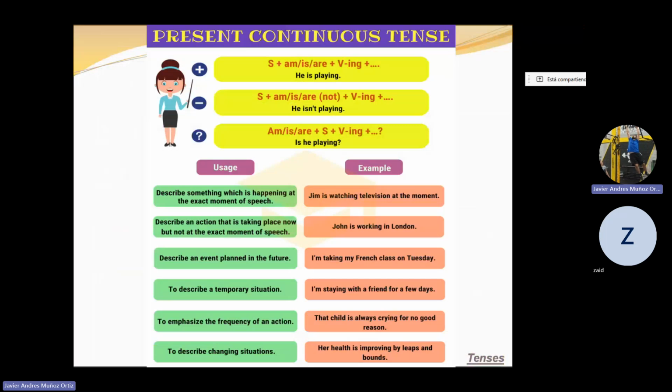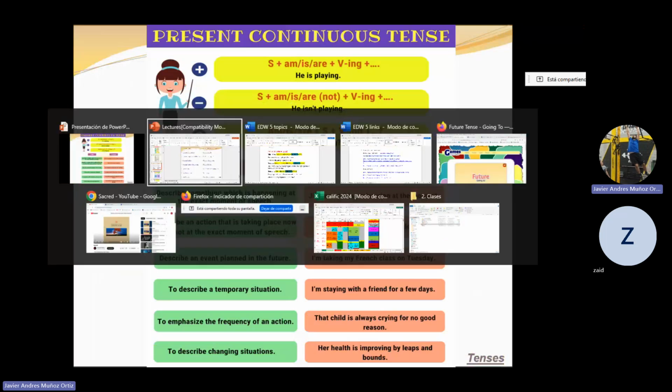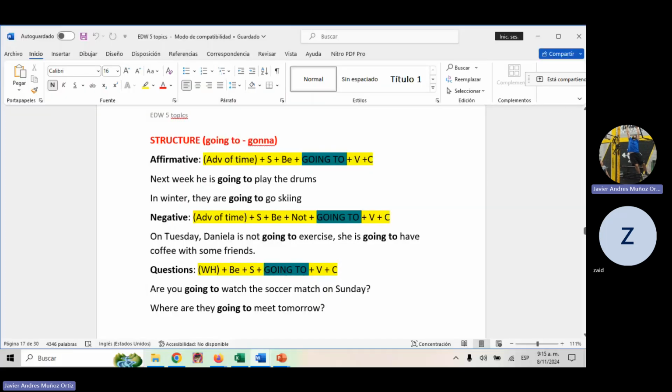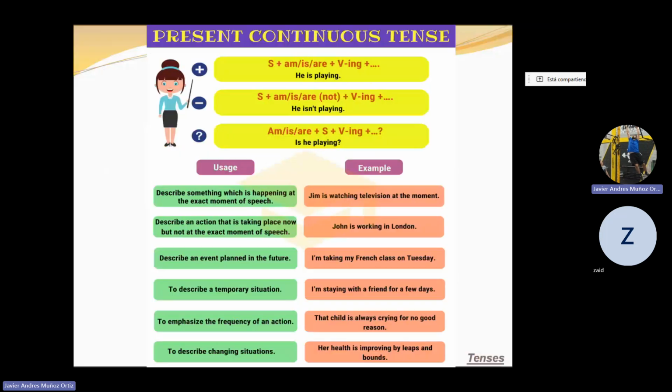Instead, we are going to use three: the verb to be, the main verb, and going to. And the organization is pretty much the same. It's even similar to Spanish.